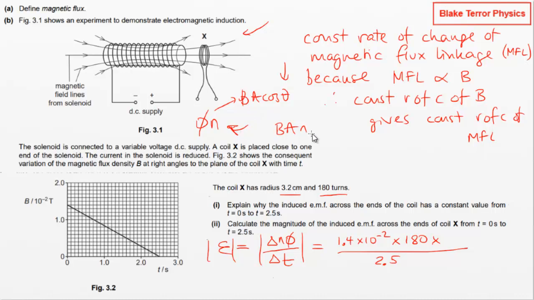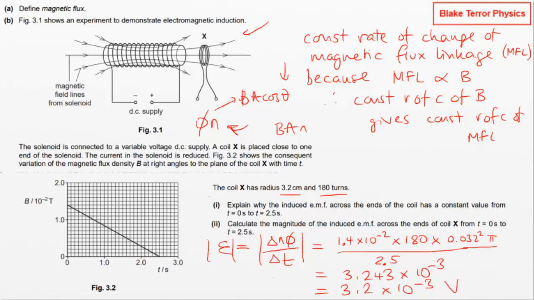So we're just doing B times A times N. That's our B, that's our N. Our A is 3.2 centimeters, so 0.032 squared multiplied by pi. As soon as we've got pi there, we might as well just go to the calculator. And what do we get on that? 3.243 times 10 to the minus 3. So 3.2 times 10 to the minus 3 volts.